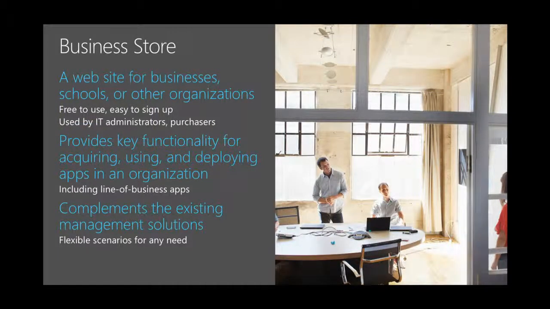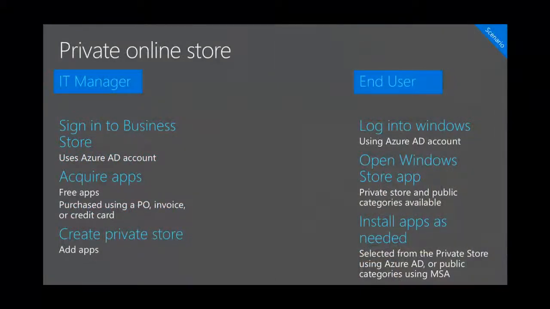So the business store is basically a web interface that enables you to go in. You sign in with your Azure Active Directory as an IT administrator, right? You acquire the apps, and you create a private store or section within the Microsoft Windows Store for the users.